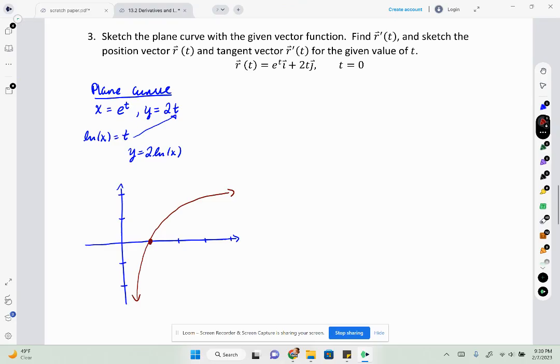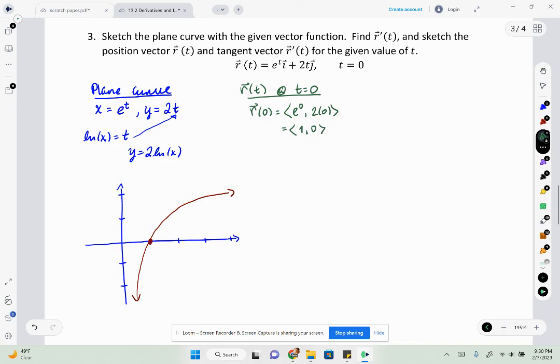I'm going to look at r of t at t equals 0. If I plug in 0, I have r of 0 is equal to e to the 0 for the first component and 2 times 0 for the second component. That gives me 1, 0.